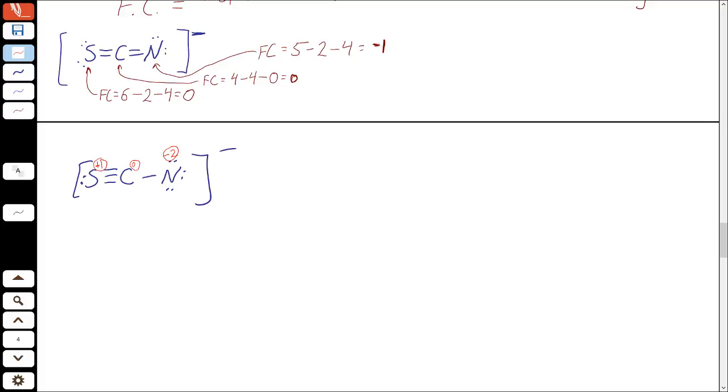Another general rule you can use here, I forgot something.